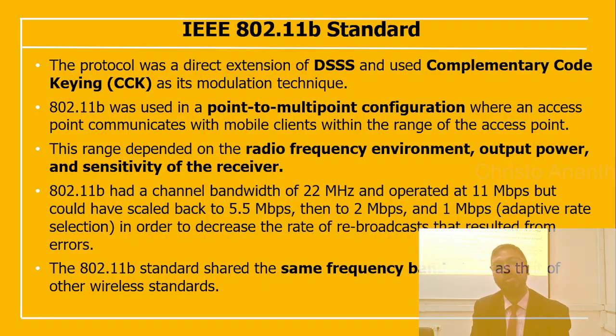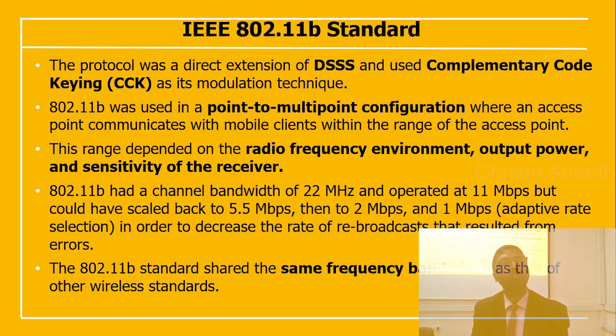This range depends on the RF, radio frequency, environment, output power, and the sensitivity of the receiver. 802.11b had a channel bandwidth of 22 MHz and operated at 11 Mbps, but could scale back to 5.5 Mbps, then 2 Mbps and 1 Mbps, using adaptive rate selection in order to decrease the rate of rebroadcast that results from errors.